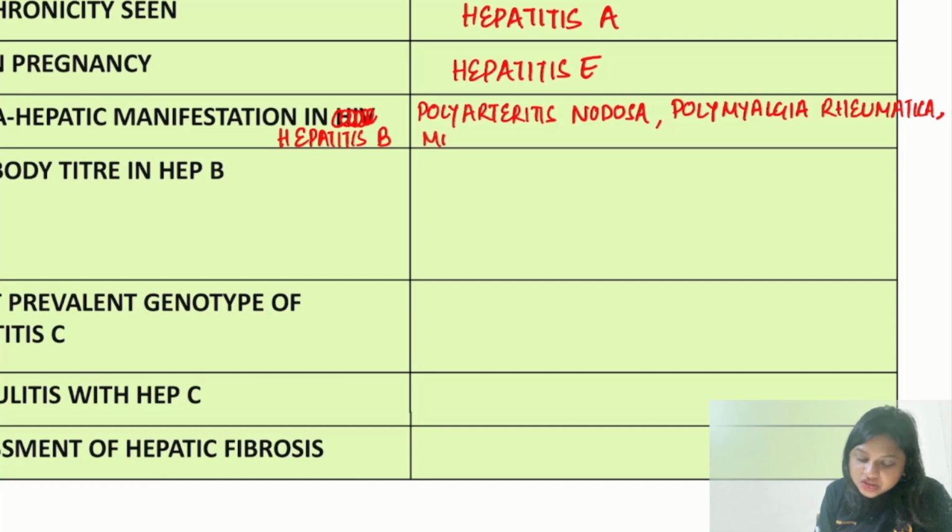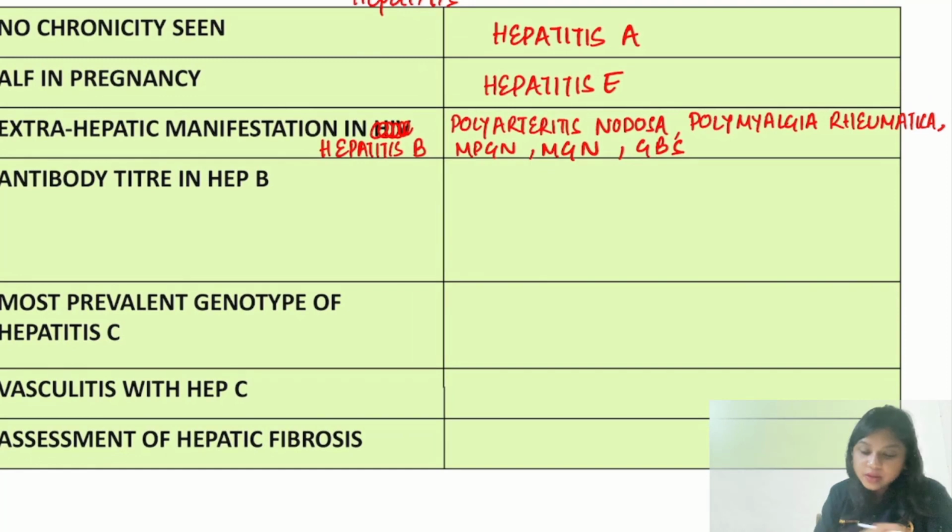We can have MPGN and MGN. And we can have Guillain-Barré syndrome as well. So these are the extrahepatic manifestations in hepatitis B. If you do not remember anything else, at least remember that there is vasculitis.